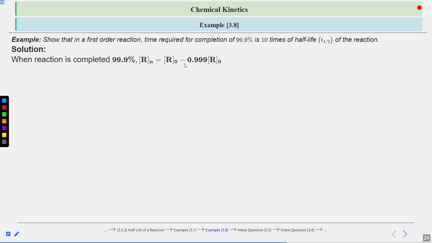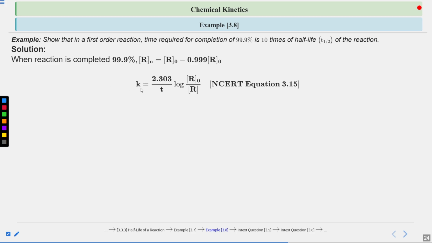So if the reaction is completed this much, our present concentration of the reactant will be equal to the initial concentration minus the initial concentration multiplied by 0.999. So this is how you can get the present concentration of the reactant.